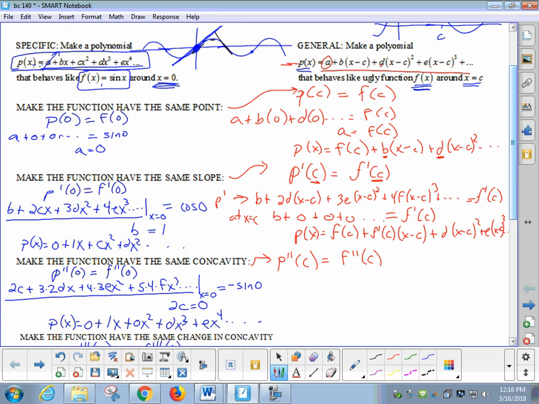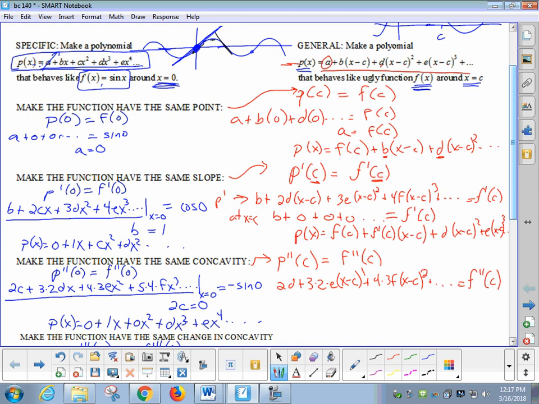We have 2d plus 3 times 2 e times x minus c to the first plus 4 times 3 f times x minus c to the second plus so on and so on. Now that needs to equal f double prime at c. Cool?